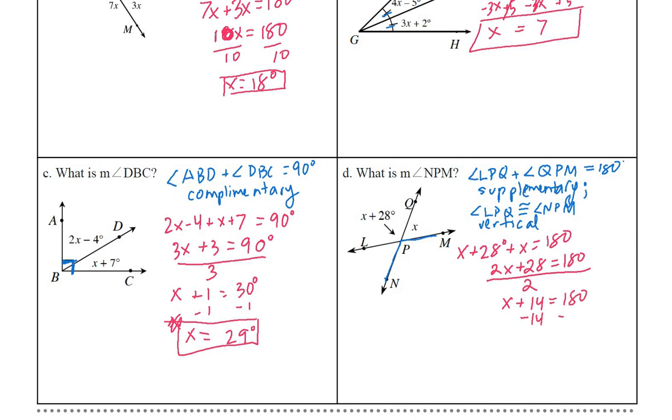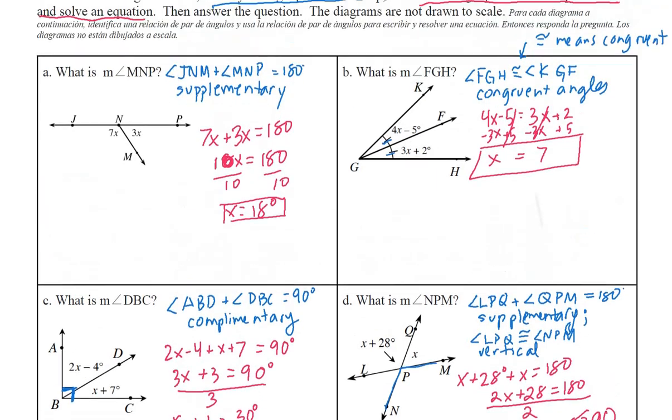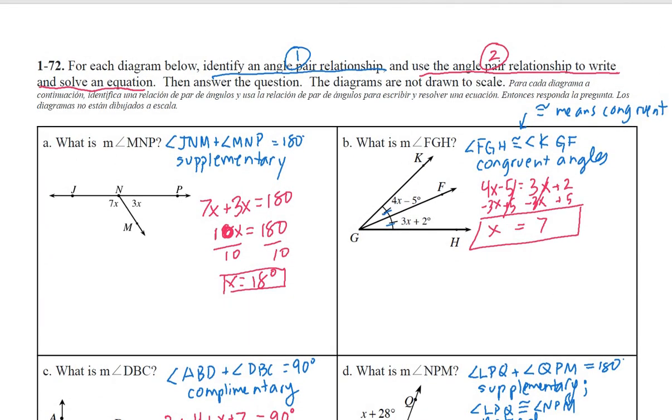Subtract 14 from both sides, and I have x is equal to, oh, I'm sorry, I made a mistake. I should have had x plus 14 is equal to 90, which means x is equal to 76 degrees. All right, I guess that wasn't 2 steps. Let's continue. Part 3 will be answer the question.